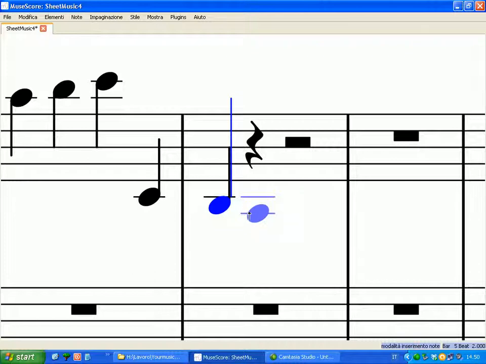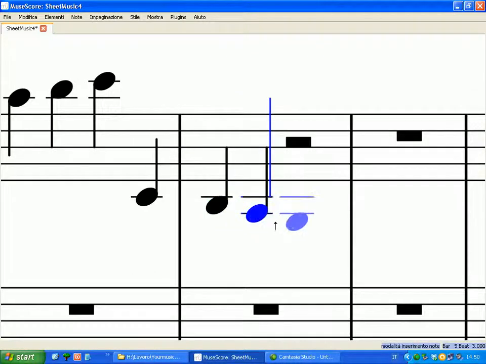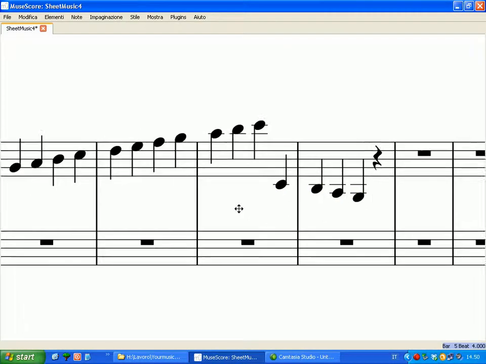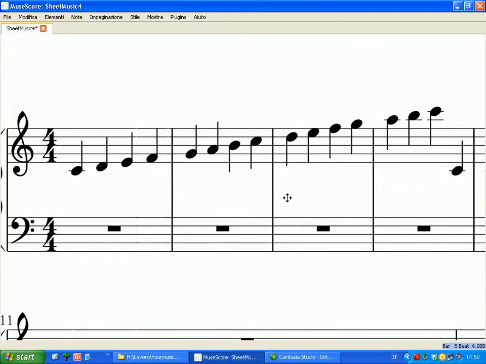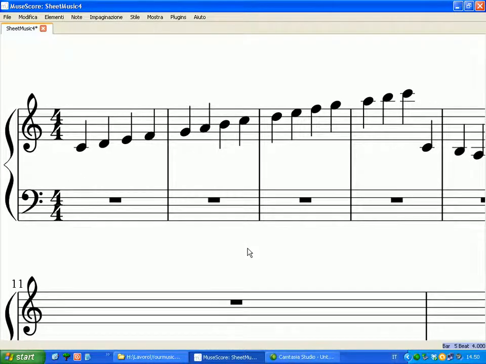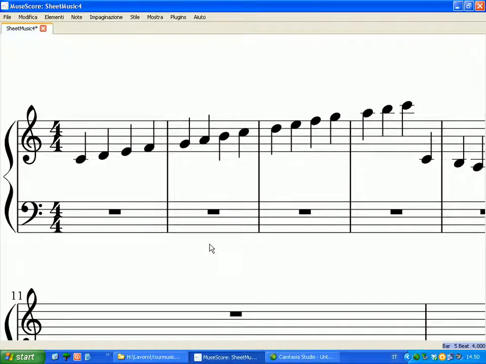And if I want to go to the A, I have to use this second ledger line, and so on. So this is the correct way to write the notes on the staff, also considering the pitch.